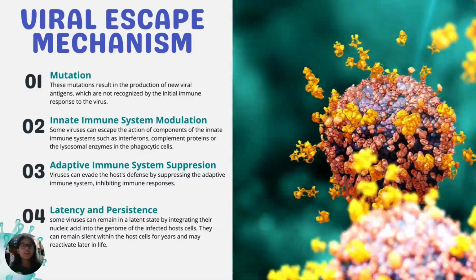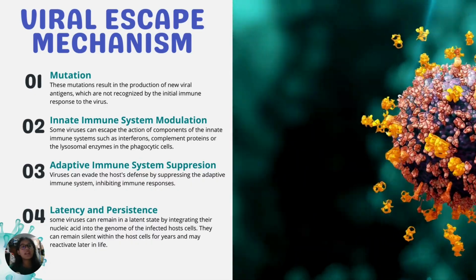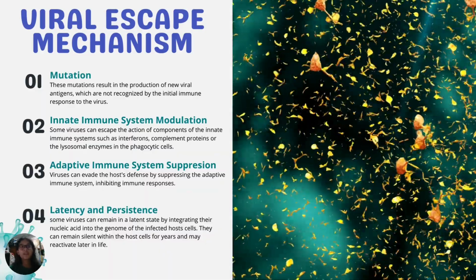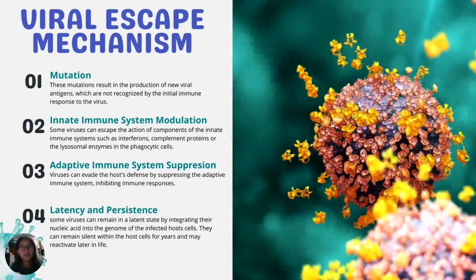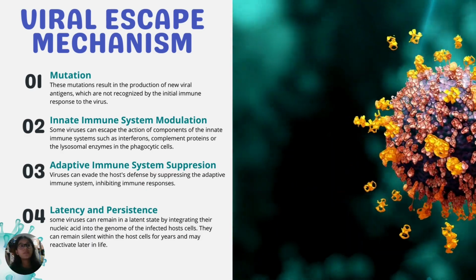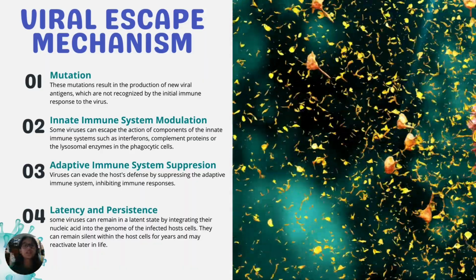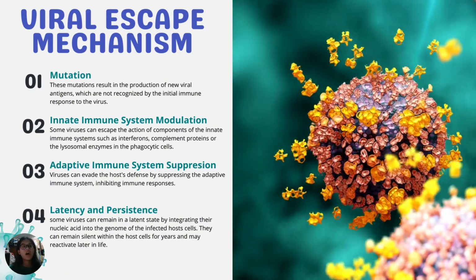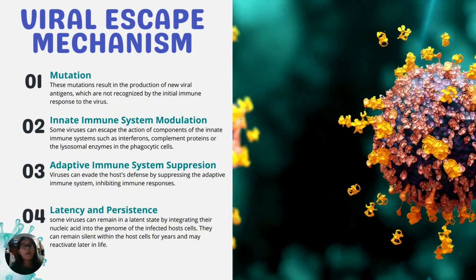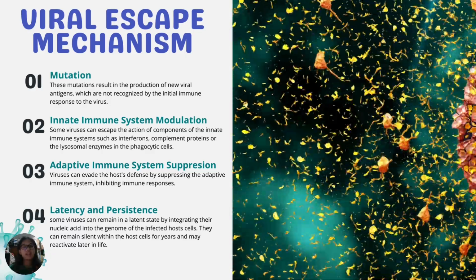For example, the hepatitis C virus can block the interferon-mediated degradation of the viral RNA, and herpes simplex virus or HSV produces a protein that binds to the complement component C3b, resulting in the inhibition of complement pathways. So this mechanism helps the virus to evade detection and clearance.